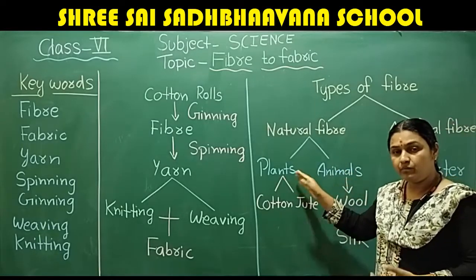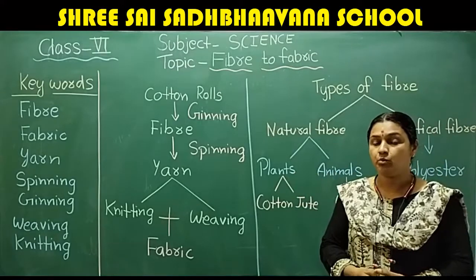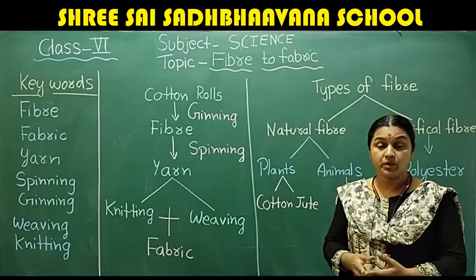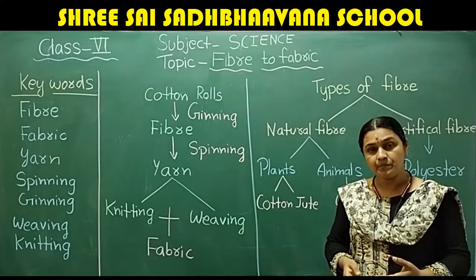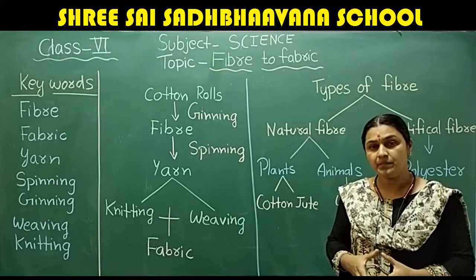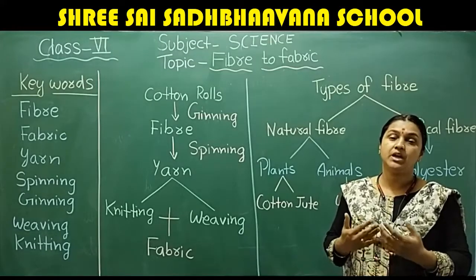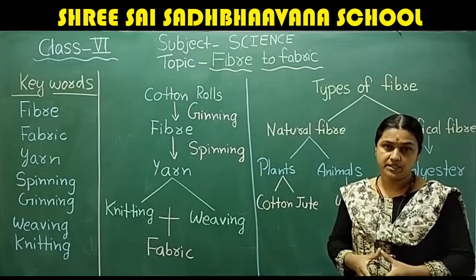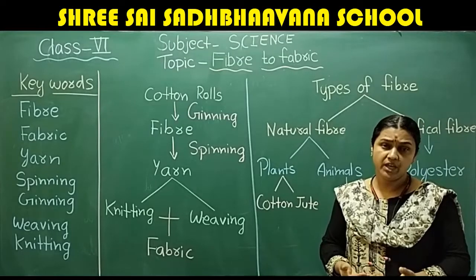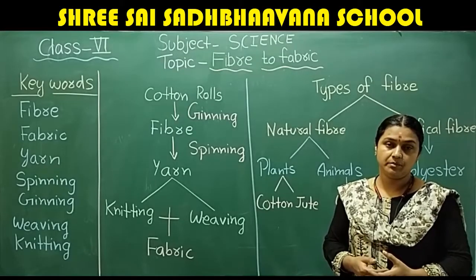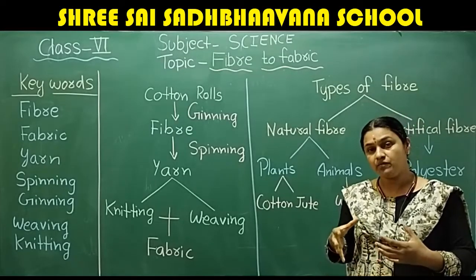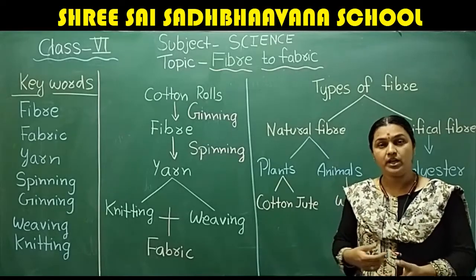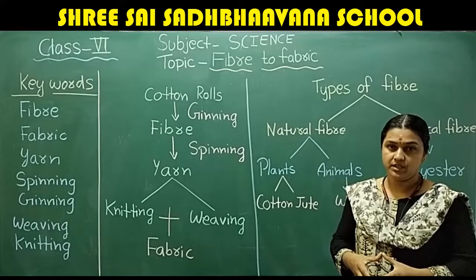Now, we know there are many things that we get from the plant. We get fruits, vegetables, flowers, and leaves. Most parts of the plant are used by human beings and animals for various purposes. We eat the fruits and vegetables, and they give us energy to grow and to survive.